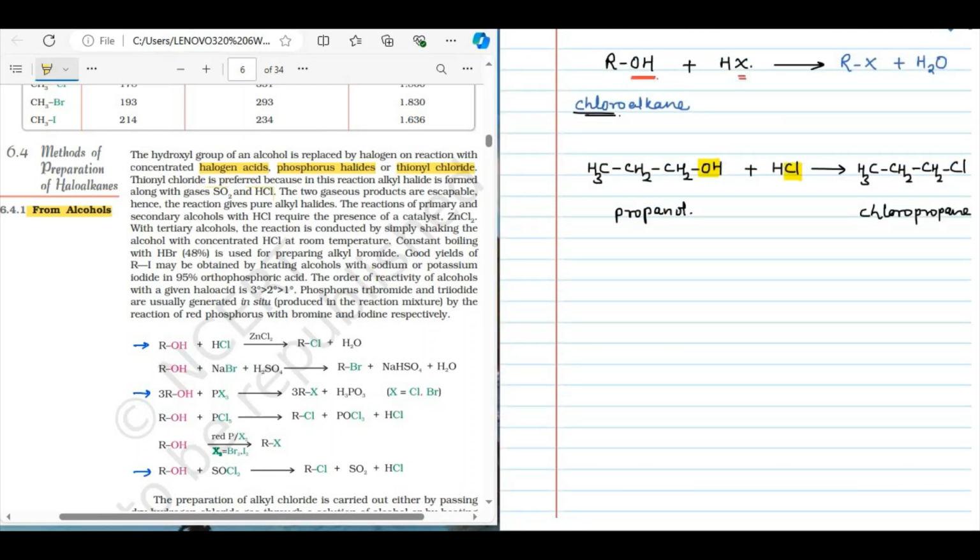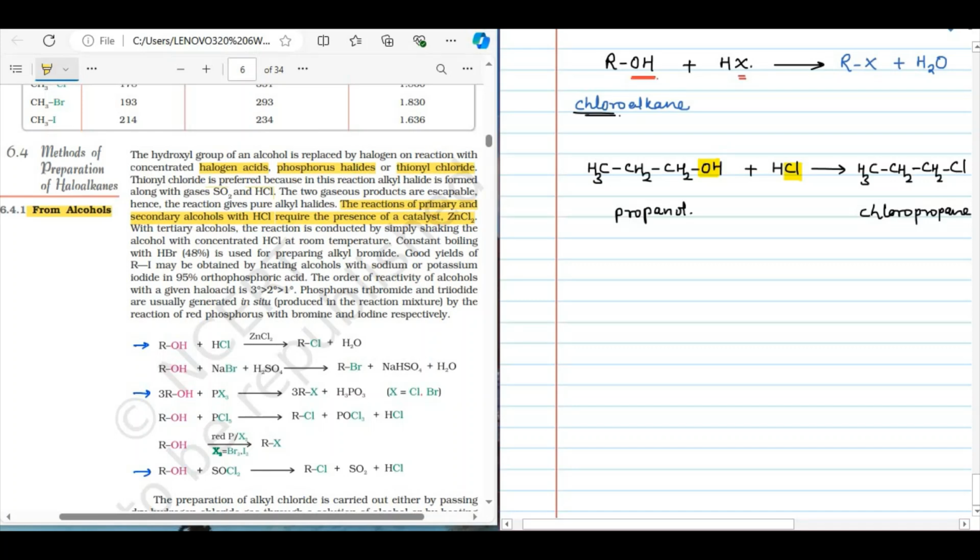Let's read from the book. Here it is given that the reaction of primary and secondary alcohol with HCl requires the presence of catalyst ZnCl2. With tertiary alcohol, the reaction is conducted by simply shaking the alcohol with concentrated HCl at room temperature.